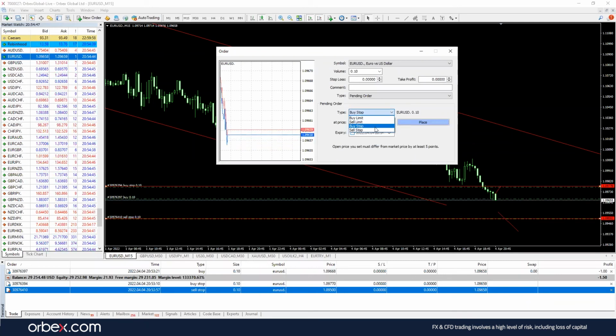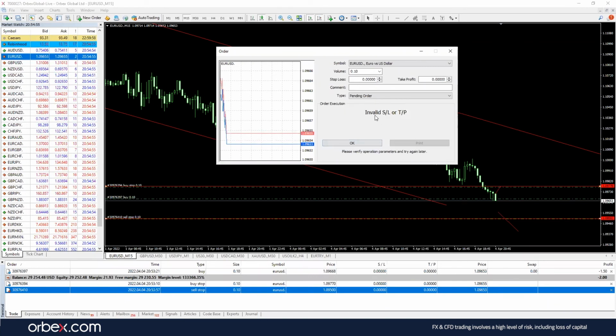If I put in a sell stop and I try to go above, 1.0970, let's say, because it's above, invalid. So if you're getting invalid, you're either too close to the market or you're doing it the wrong way around. I'm only pointing this out because I've done it a few times in the past when I was training and getting involved in the financial markets, that I've gone the wrong way.